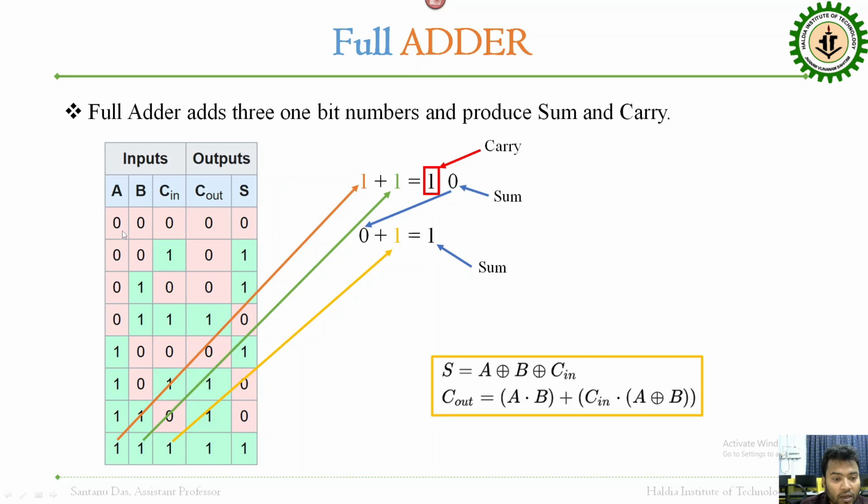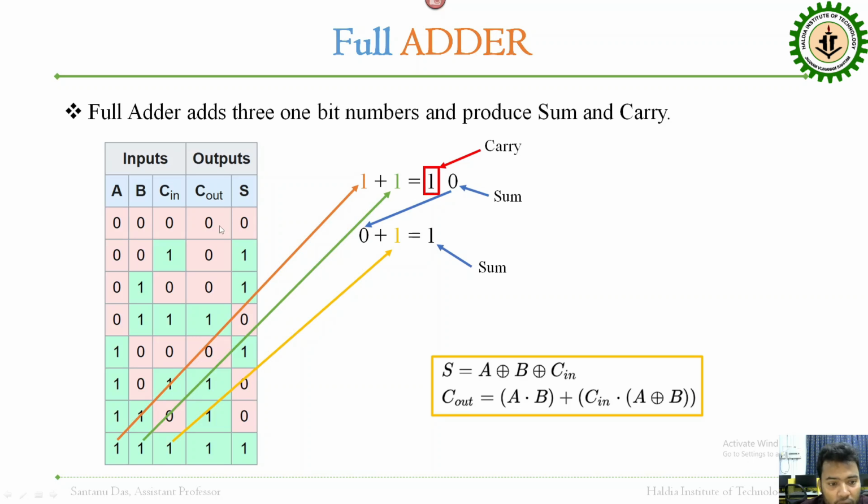Now how will it perform? In the full adder, first we add A and B, and then with the result of A and B we add C in, and the total result is written in sum and C out.